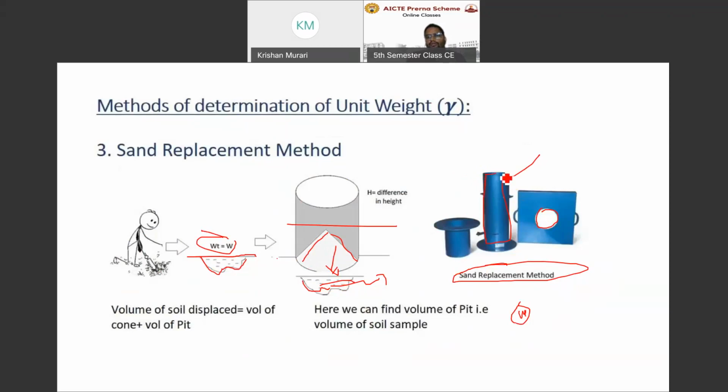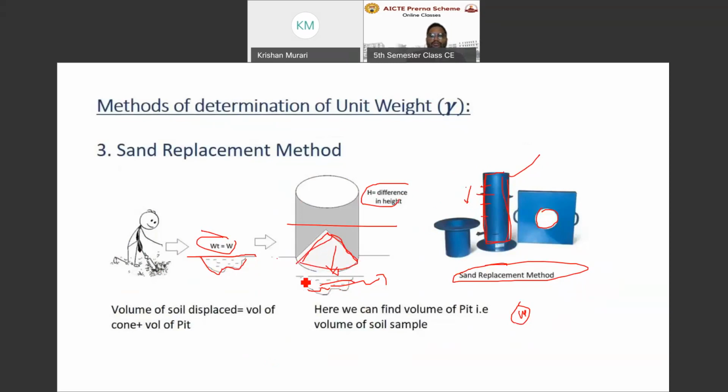If the cylindrical portion is totally filled by the standard sand, the level in the container decreases from here to here. So h is the difference of height, the height reduced in the container after filling. After filling, a conical portion is also there.